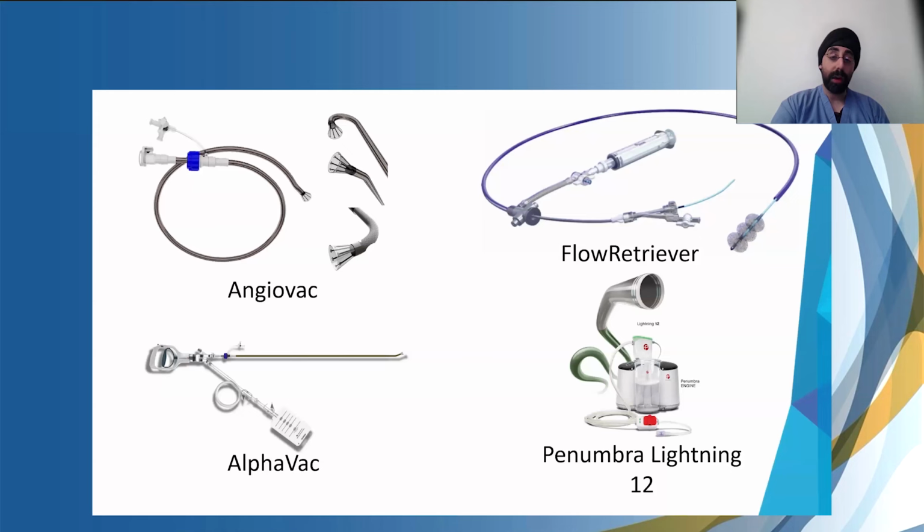The FlowTriever catheter is a manual aspiration pull, and the Penumbra is a continuous aspiration without reinfusion of blood. Those 3 are really PE devices that are being repurposed for this particular situation. The AngioVac device was initially designed for intracardiac thrombus.